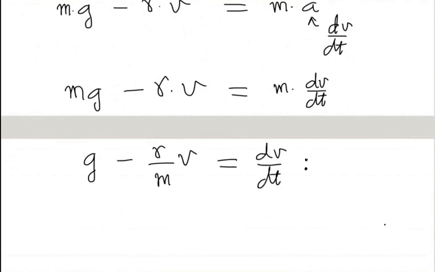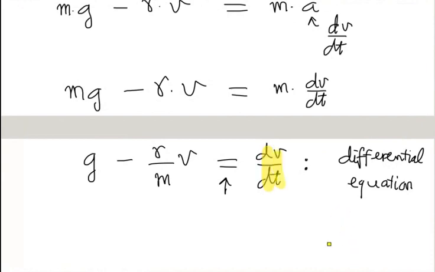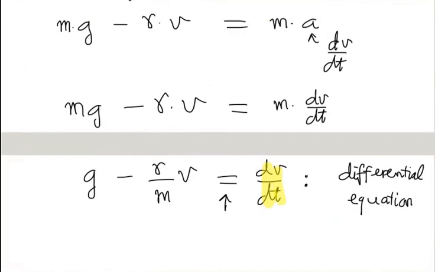And this is a differential equation, because we have an equality, something equal to something else, together with a derivative, dv/dt.